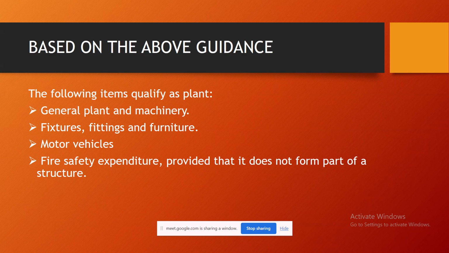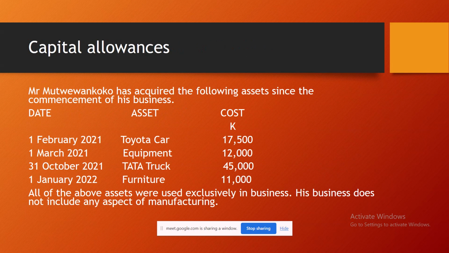So that's a qualification that you need to look at. Now, having looked at that, let's look at a simple example to illustrate how we come up with the capital allowances. As I said, we are going to start by looking at implements, plant and machinery.